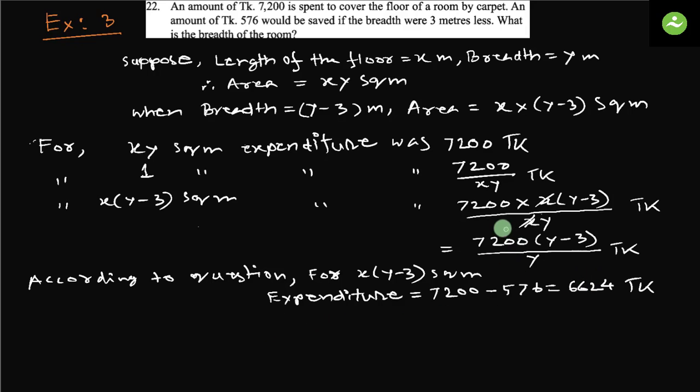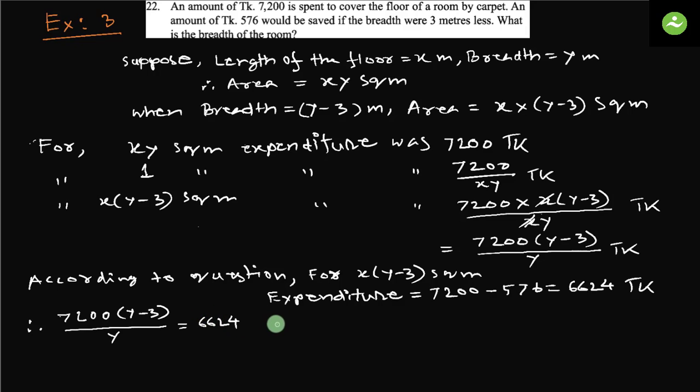Can we write this amount that was for x into y minus 3 square meter? This amount equals to 6624? Yes. Therefore, we can write 7200 into y minus 3 over y equals to 6624.